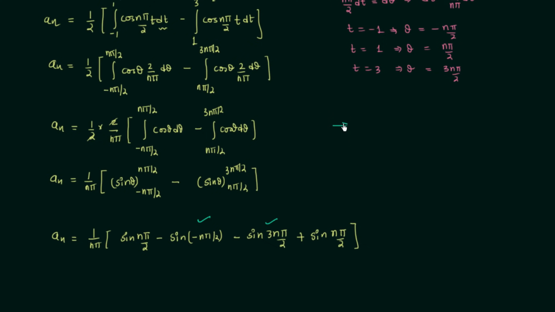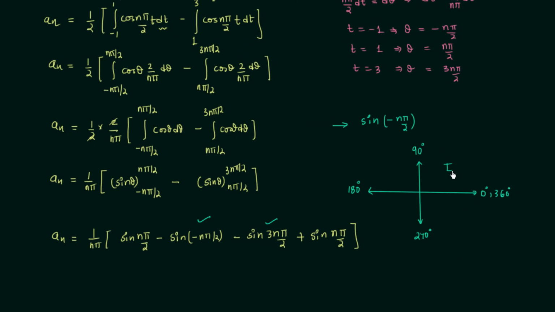So first we will talk about sine minus n pi by 2. For this you should know about the basics of trigonometric ratios. This is 0 degree, 360 degree, this is 90 degree, this is 180 degree, and this one here is 270 degrees.